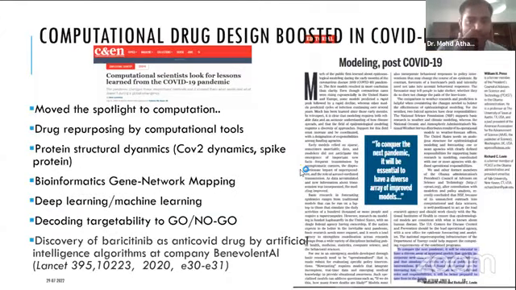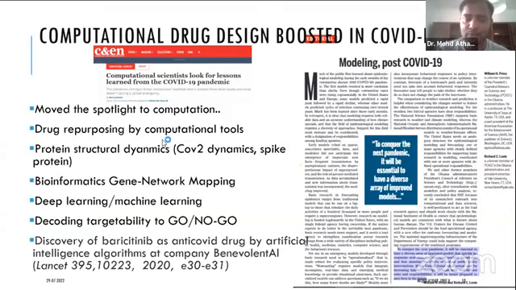This COVID time has turned out to be a major outbreak in this field. The spotlight has shifted to computational drug design and computational chemistry. A lot of effort has been given to drug repurposing, like whatever drugs we already have, can we check them for any other applications.